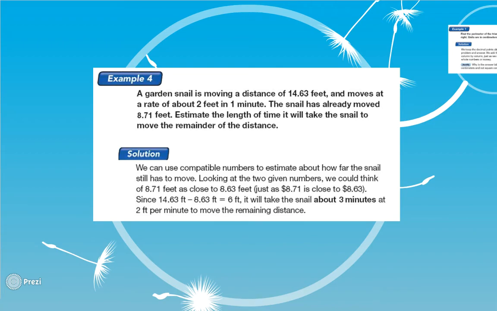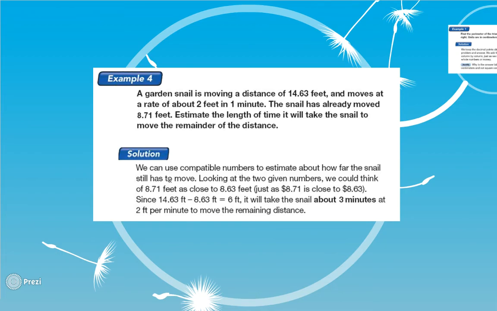All right, so the snail wants to get to 14.63, and we are trying to see how far it takes for him to get there from 8.71 feet. And if he can do 2 feet in 1 minute, we just keep adding our feet in to figure out how long it's going to take him.